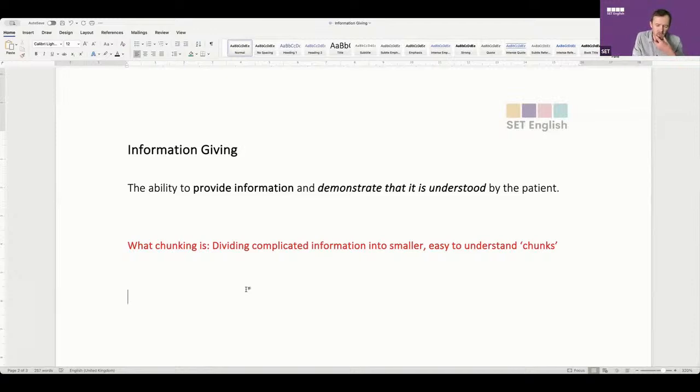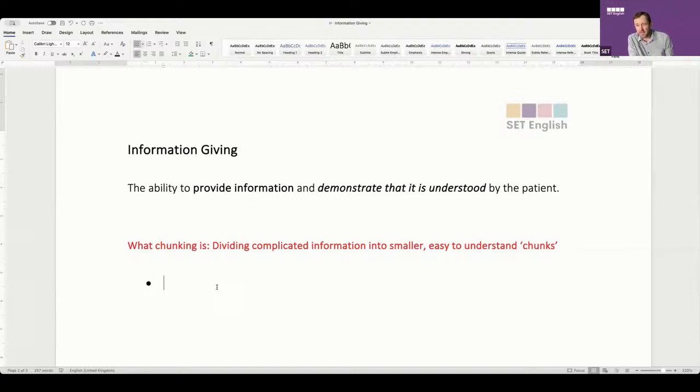Just tell me again, what kind of things might I need to explain or give information about? What do I need to provide information about in OET speaking?